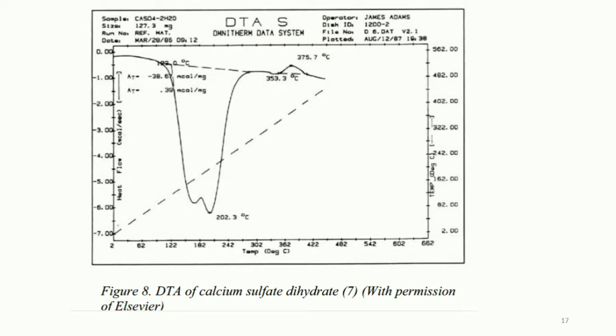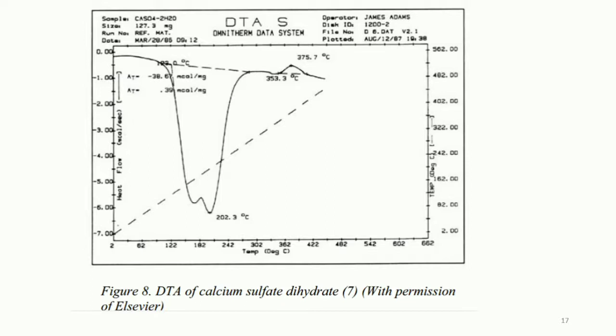This figure shows the differential thermal analysis of a calcium sulfate 2H2O sample heated at 20 degrees Celsius per minute. Crystallization water was partially removed starting from 123 degrees Celsius to produce the hemihydrate form.